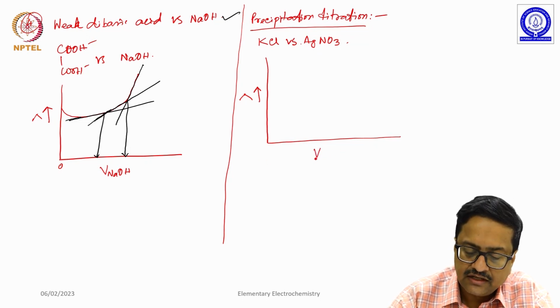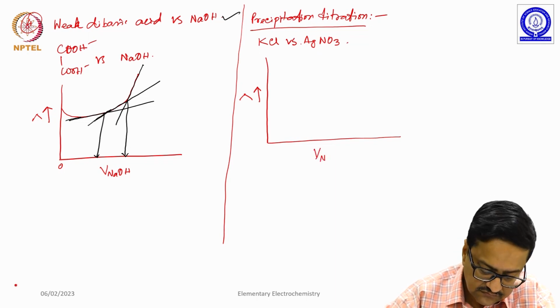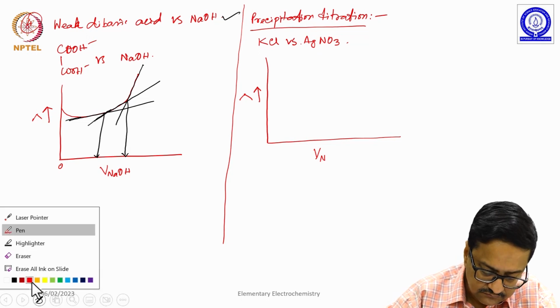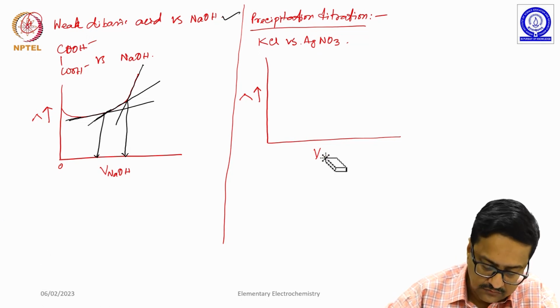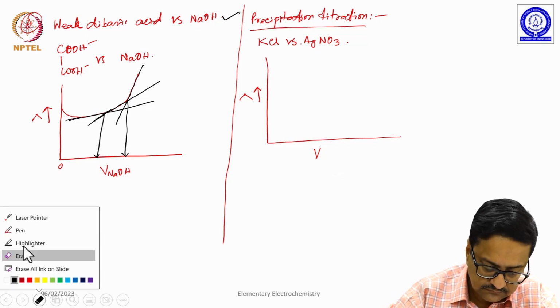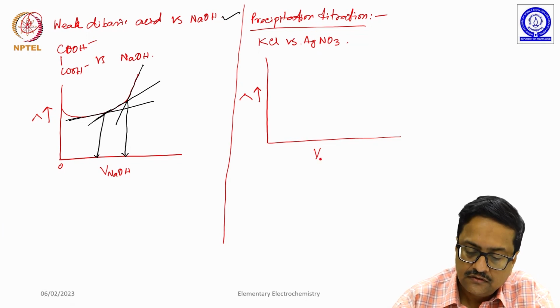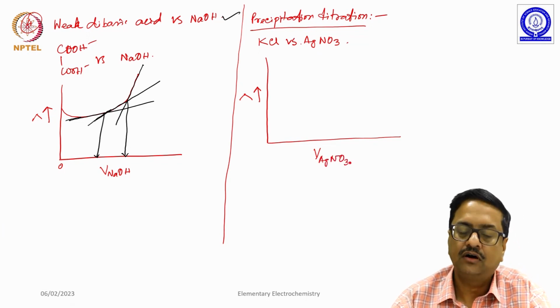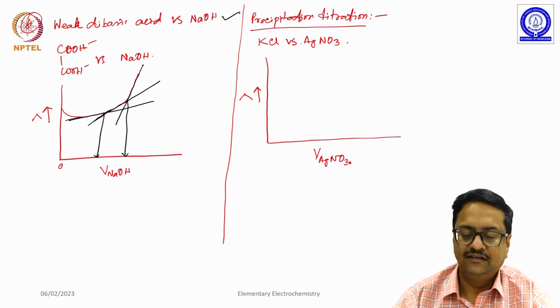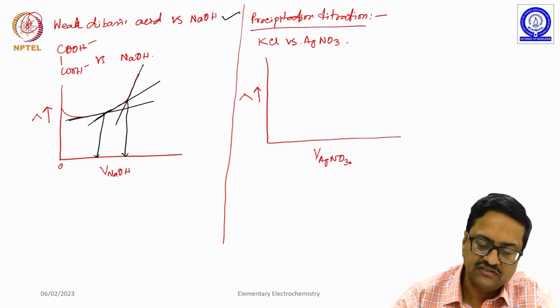So I am trying to determine the concentration of either unknown AgNO3 or unknown KCl, depending on whatever you want to measure.